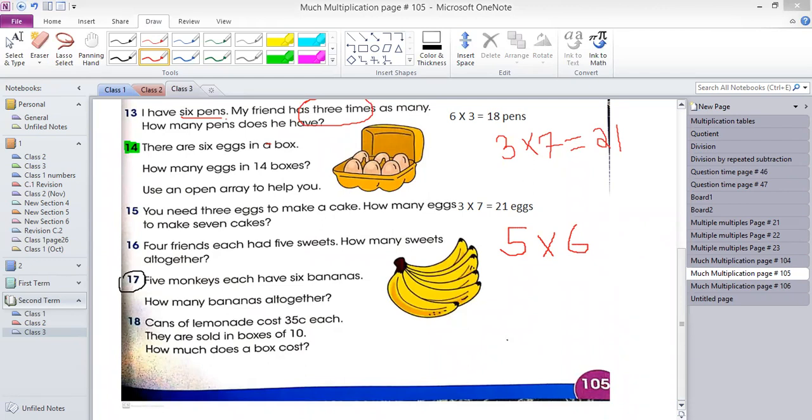I'll take one more student. How many bananas will be there altogether? 5 monkeys, each have 6 bananas.